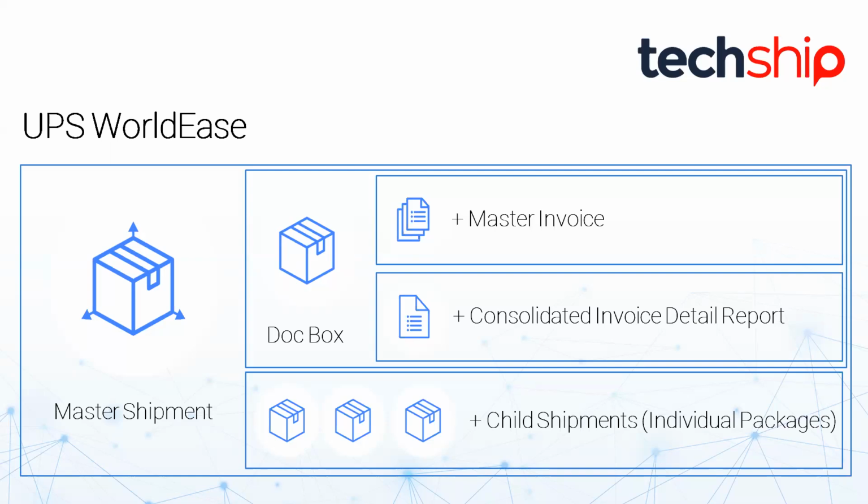From a practical standpoint, once you have a UPS WorldEase account set up, what's going to happen is that you're going to import your batch just like any other batch, okay? And as you process it, what TechSHIP will do is request the labels from UPS for that master shipment, and there's a batch for the doc box automatically generated for which you will have to access and print the documents within.